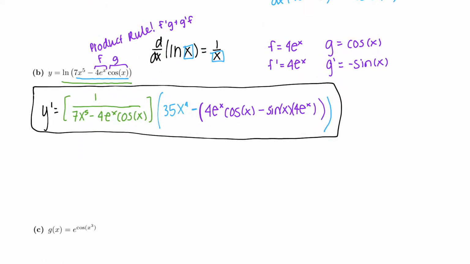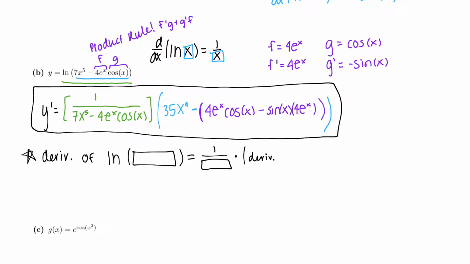But I kind of want to think a little bit deeper here because there's actually an easier way of writing this. Not significantly easier, but easier enough that it's worth mentioning. If you're taking the derivative of ln of stuff, this ends up being 1 over the stuff times the derivative of the stuff, right?